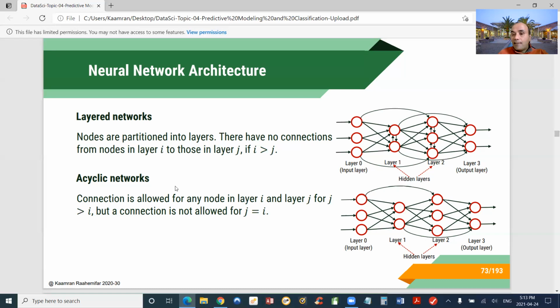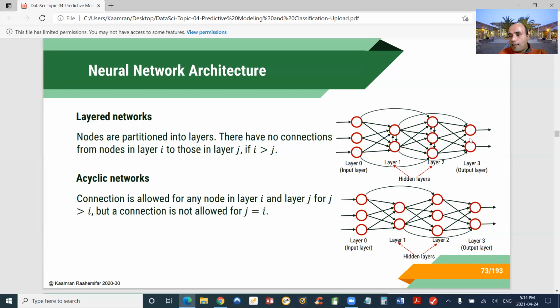Now, in acyclic networks, a connection is allowed from any node in layer I to layer J if J is greater than I. If you look at the differences, you can see that the intralayer connections are removed. This one and this one are removed here, and this one and this one are removed here.